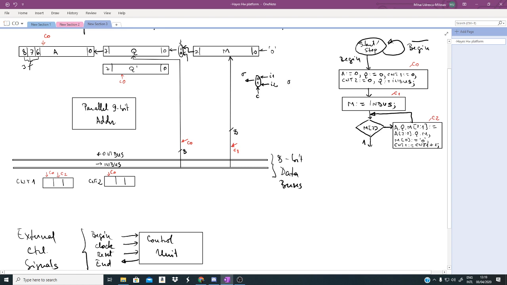So O is I1 if C is 0, and I2 if C is 1. With this control bit, I control the output, whether I send M of 7 or something else to the output. Okay, so good.